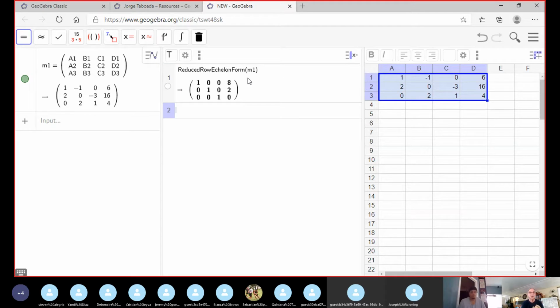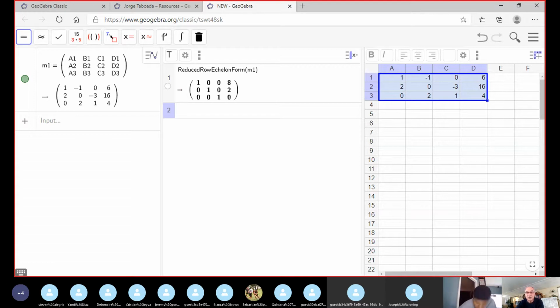Okay, I want to interpret this right now. I need to go to the whiteboard again. This is the way that we do it in the test.